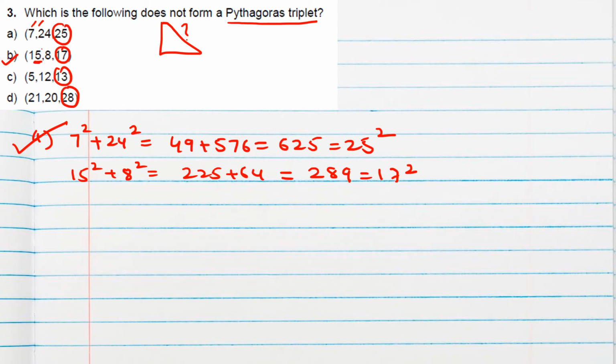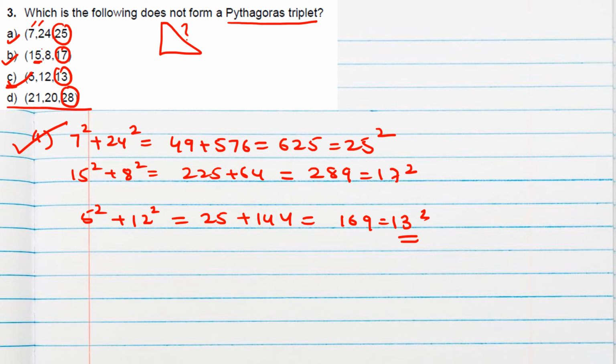The second is also correct, it is a Pythagorean triplet. C we will check here, 5 square plus 12 square is equal to 25 plus 144, 169, which is 13 square. That means option C is also correct. So no need to check for D. D is our answer because we want the one which is not a Pythagoras triplet. So D is the answer.